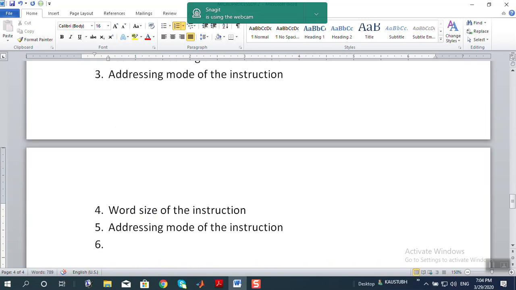Then, as I mentioned in the previous lecture, the decision making box or testing for condition in 8085 is the flag register. After executing the instruction, the microprocessor will look at the flags to take a decision on the results.